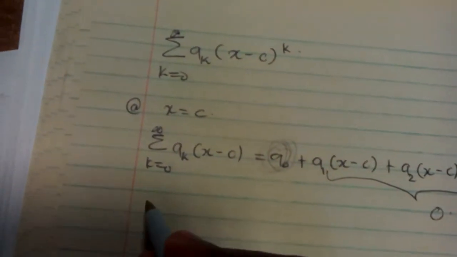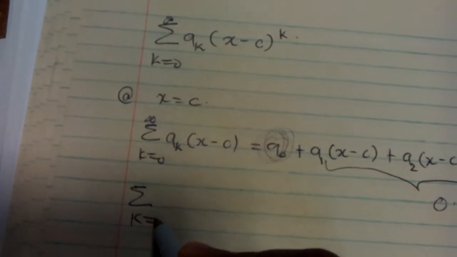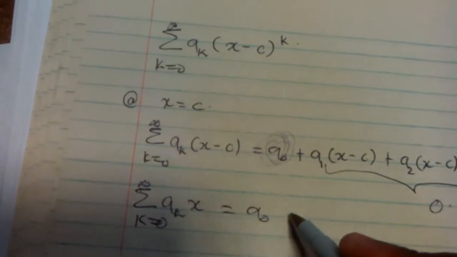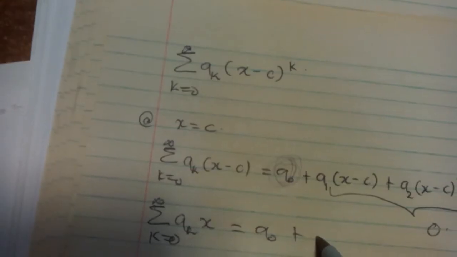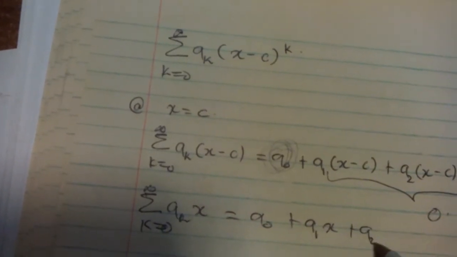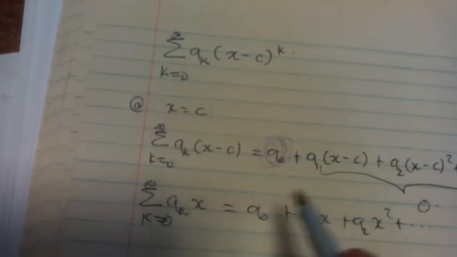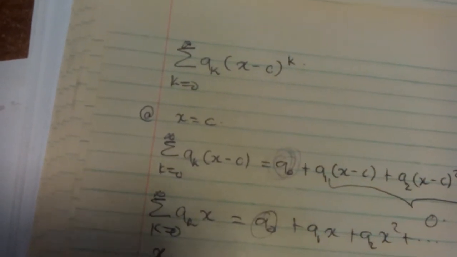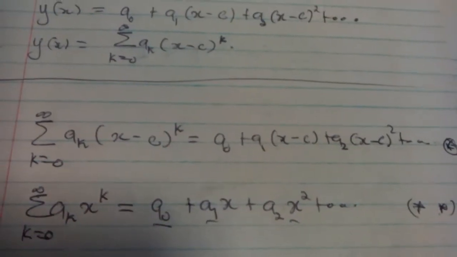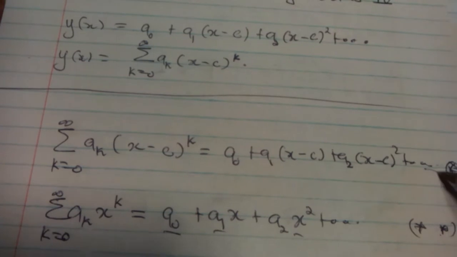Or in the case of the other series, this will converge to a naught if x is equal to 0. And in any case, this series here, or my star here, the series that I wrote as star initially, is a special case of double star.